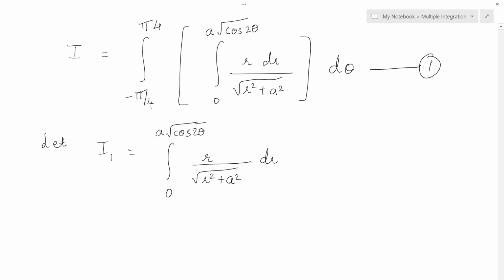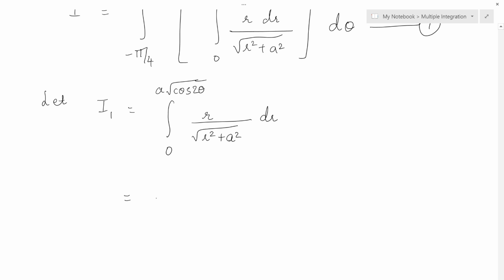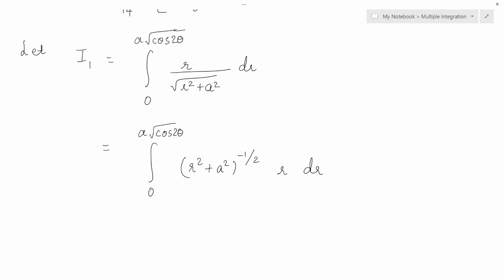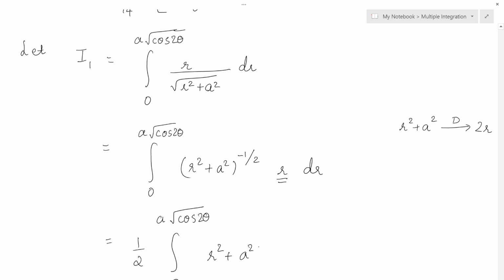So r square plus a square dr can be written, again you can use those formulas, as r square plus a square raised to 1 by 2 and r. Now clearly you can see that the derivative of r square plus a square is twice r. Here 2 is not there, here r is there. So again, a small adjustment: you will multiply and divide by 2 so that you can use that formula for integration. So let us multiply and divide by 2.